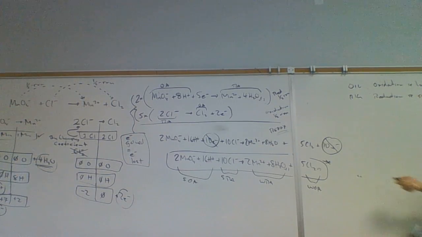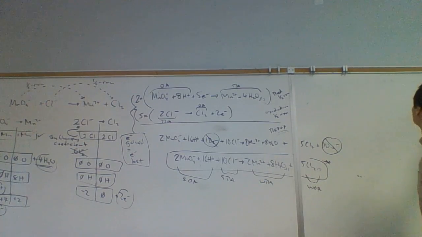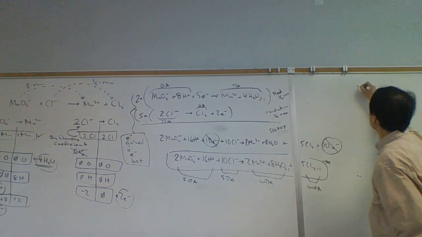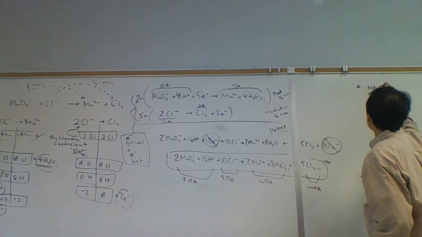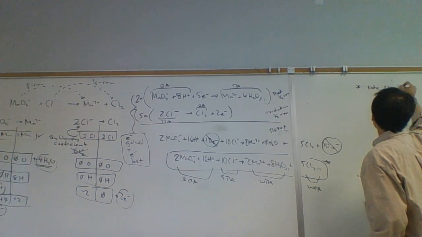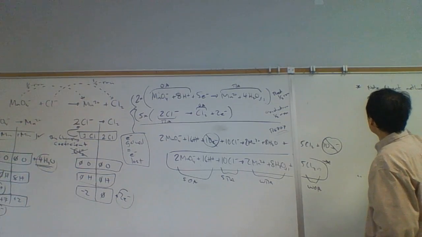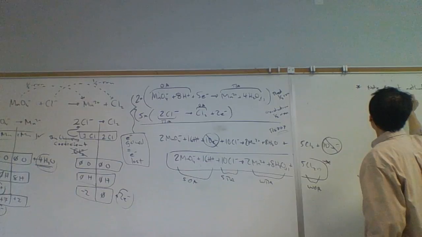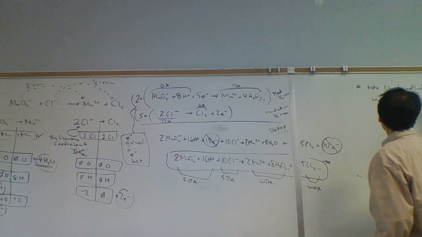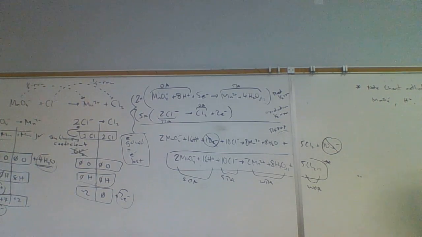Now, I'll put a little asterisk here, because if we use the chart method, let's say we had permanganate, acid, and chloride present.